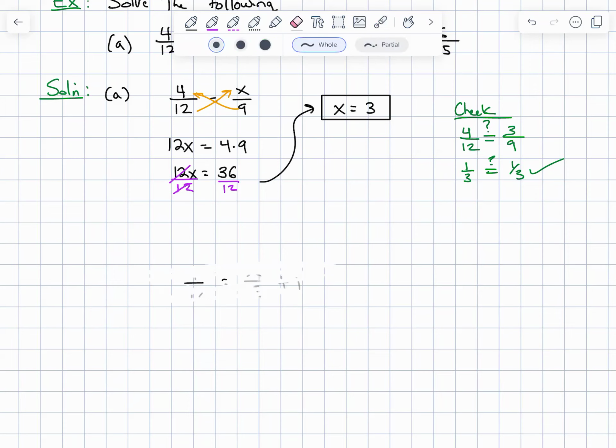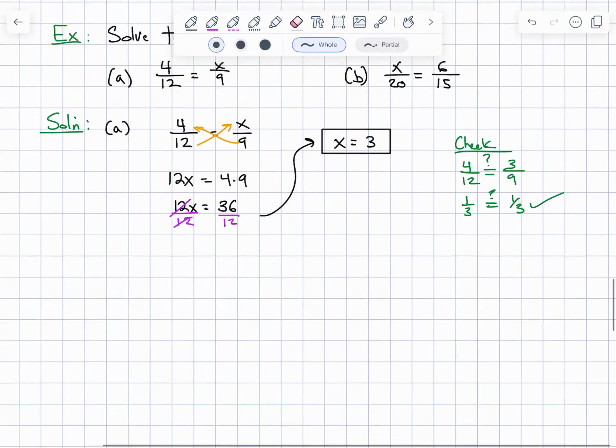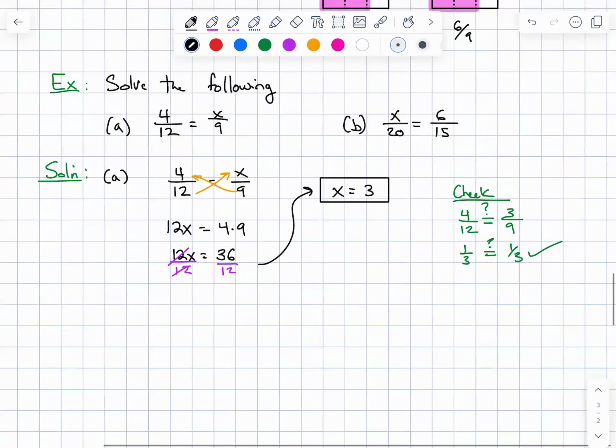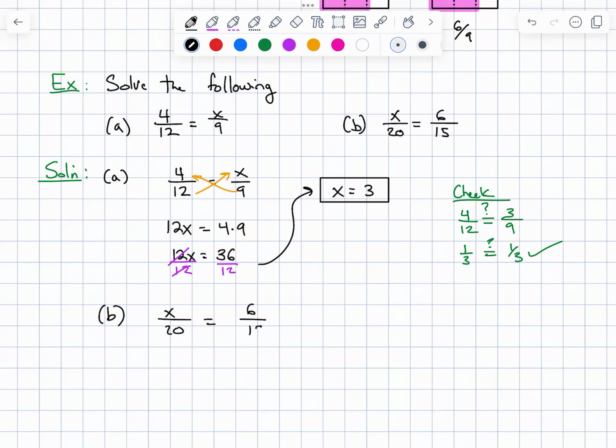Okay. I'd like you guys to solve part B if you haven't already done so. I will slowly fill in details. And Yosin suggested you can also simplify 6 over 15. You could reduce it.